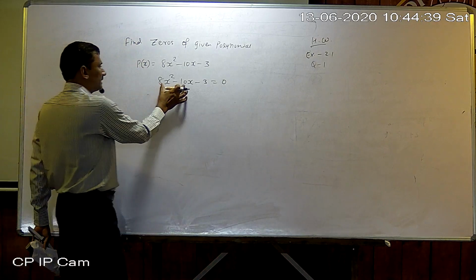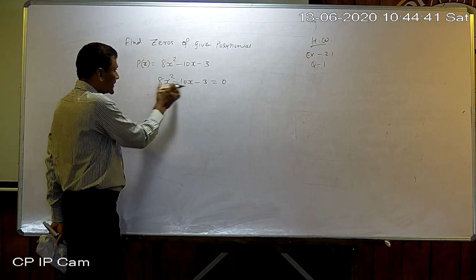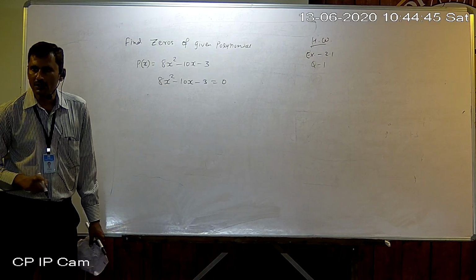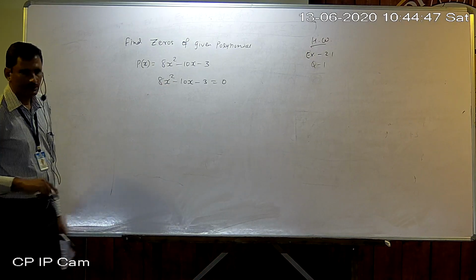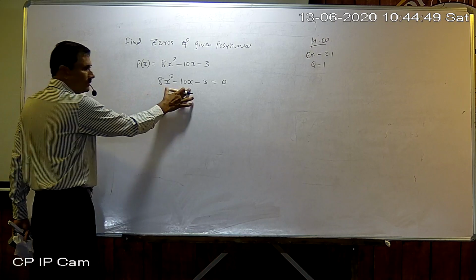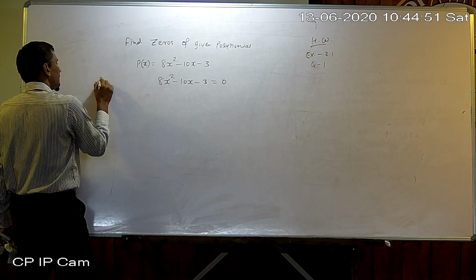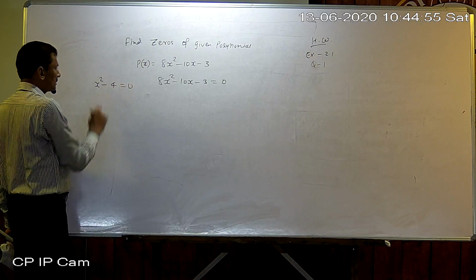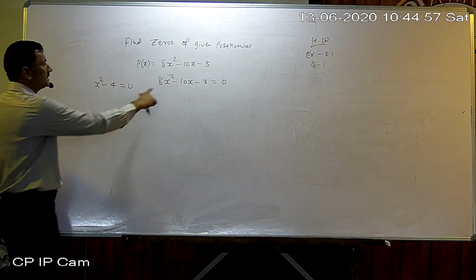Now, you cannot make x the subject just like the previous one. That is not simple. Without factorization, you cannot solve this type of equation. Why? It is a quadratic trinomial. Suppose it is a quadratic binomial, then you can solve it. This is a quadratic binomial. This is a quadratic trinomial.